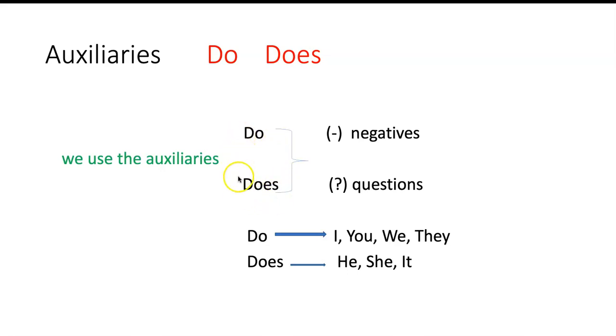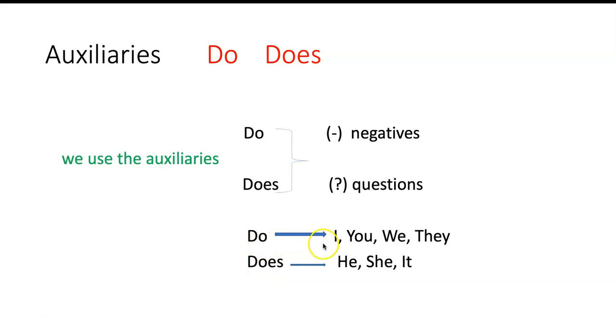They don't have a meaning, okay? Do you remember that? I think once I explained to you, they don't have a meaning. No tienen significado en español, okay? Neither in English. No significan nada. They don't have a meaning, okay? So we use do and does.